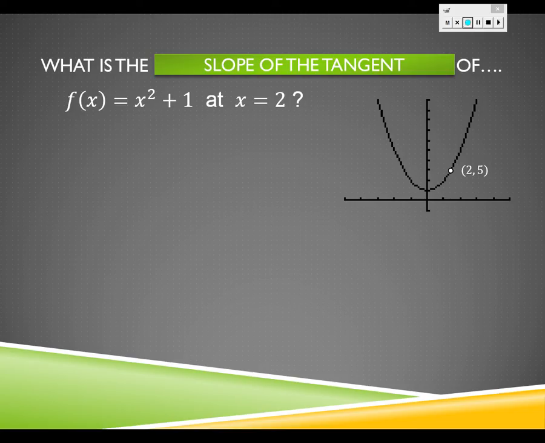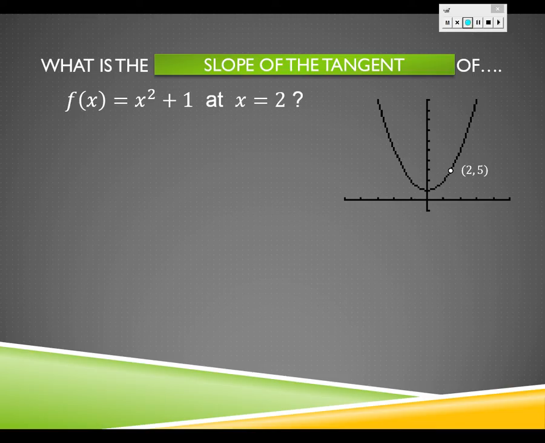So the way we wrote it was the limit as h goes to 0 of f of x plus h minus f of x all over h. And in this particular case, we did this. And in the end, we found that the answer was 4. You remember that?